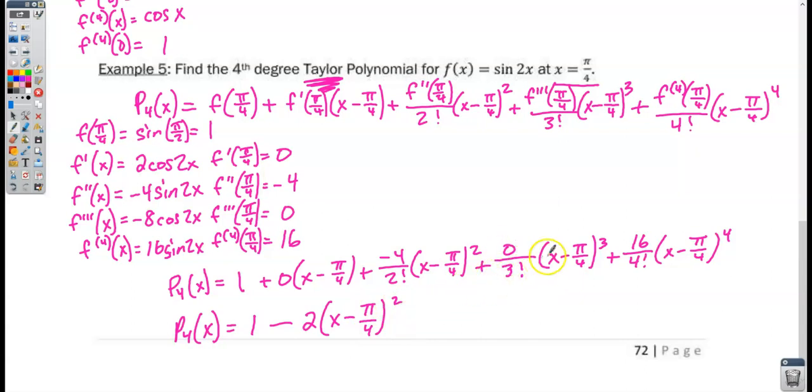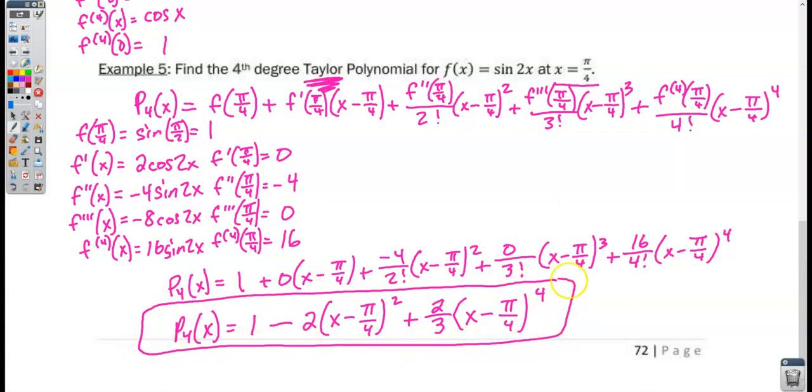This simplifies to 0. And this simplifies to 16 over 24, which reduces to 2/3. And there is the fourth degree Taylor polynomial for f of x equals sine of 2x at x equals pi over 4.